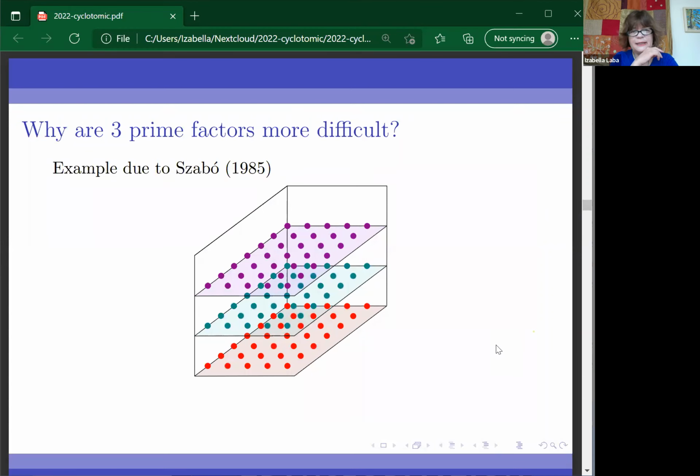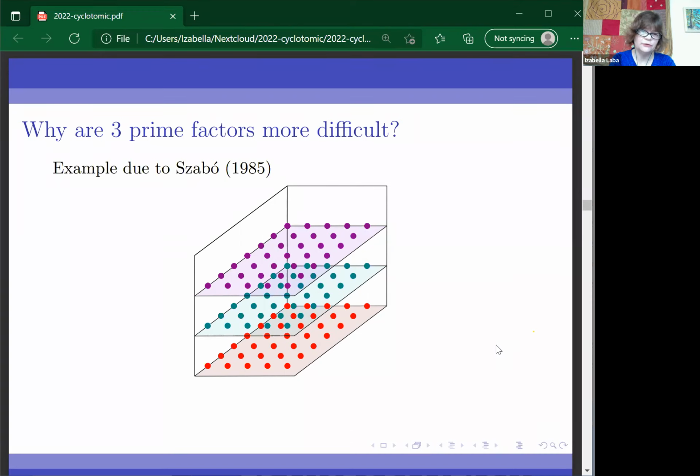Okay, so here's why three prime factors are more difficult. I said earlier that when M has two prime factors at most, then one of the A and B sets has to be contained in a subgroup. This does not have to be true for three prime factors, and an example of that is due to Szabó.